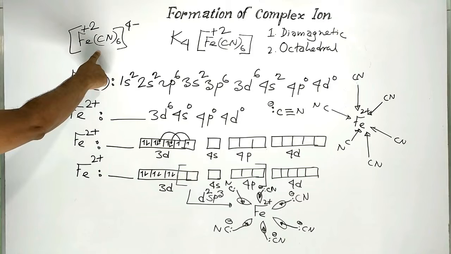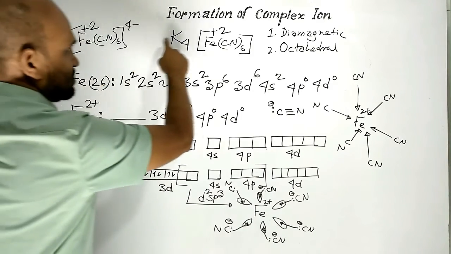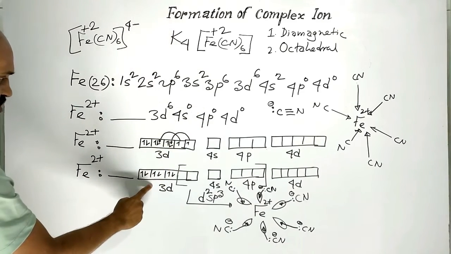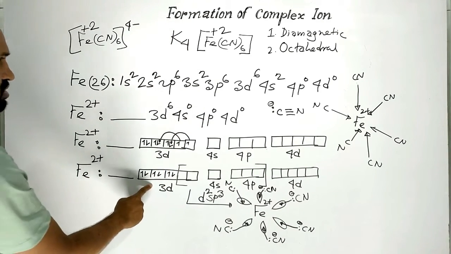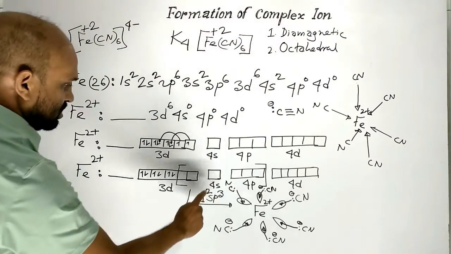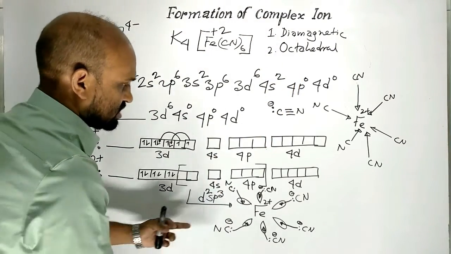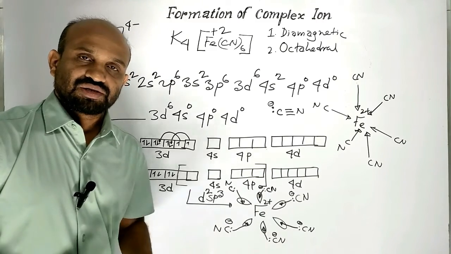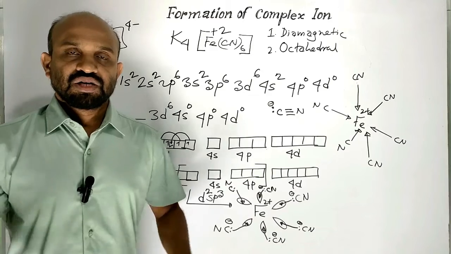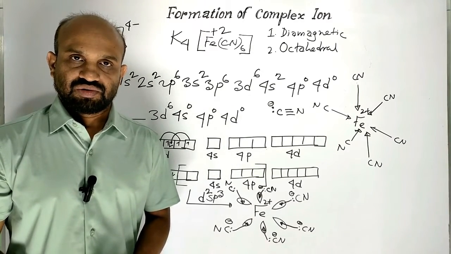Complex ion hexacyanoferrate 2 ion, which is diamagnetic in nature because it has no unpaired electrons. This is octahedral in shape because here d2sp3 hybridization occurs. 6 orbitals participate in hybridization, and after hybridization 6 hybrid orbitals are formed.